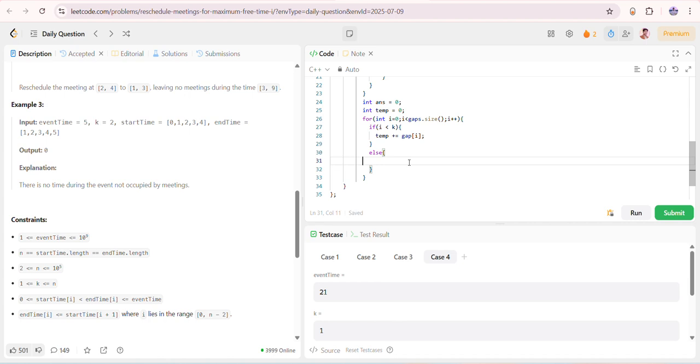Else now we are having, so what we will be doing here, we will be storing max at each stage.